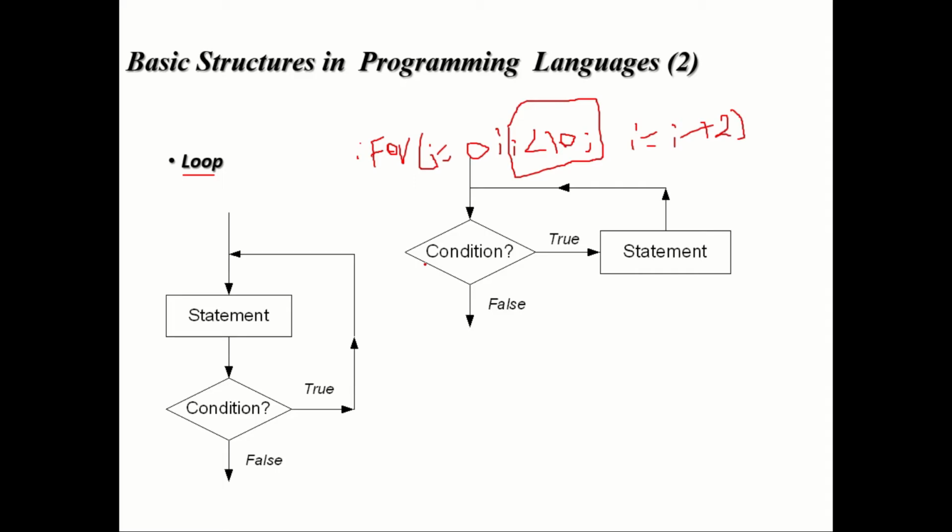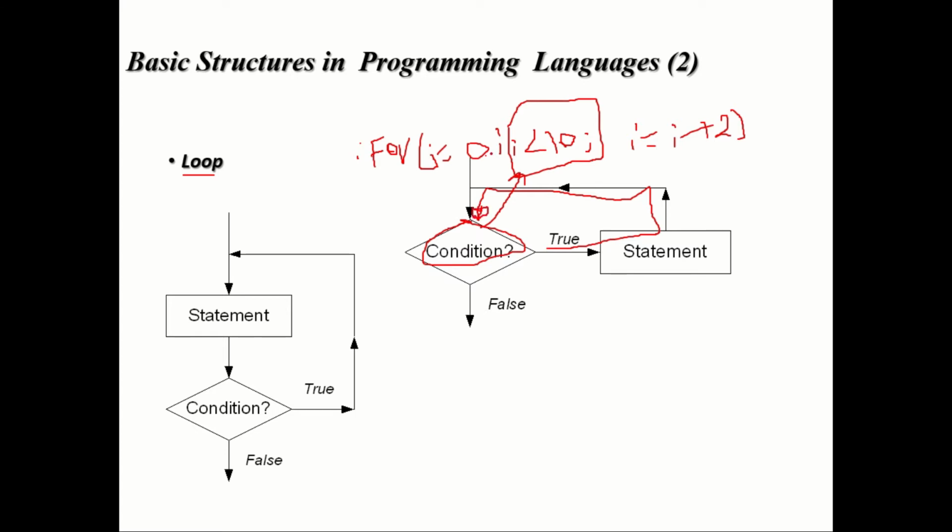So as you see, if the condition is here, this means this condition: if i is equal to 0, i less than 10, check every time. Then if true, this type of loop is executed this way.